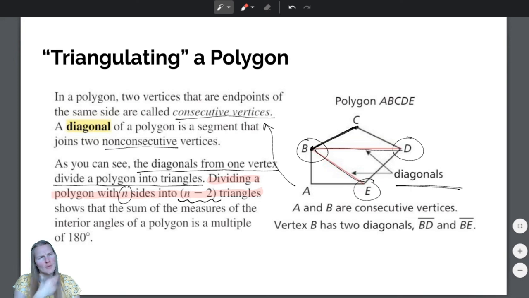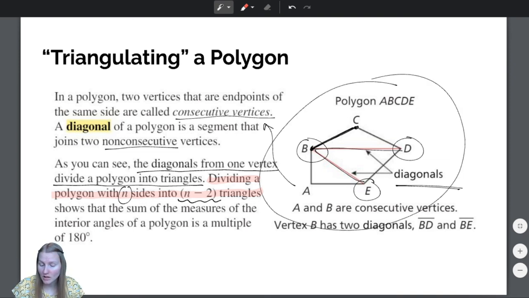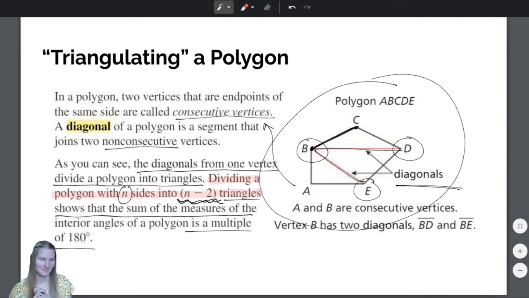But remember our entry task? How many degrees were there inside of a triangle? 180. So if I can split a polygon up into n-2 triangles, that shows that the sum of the measures of the interior angles of a polygon is a multiple of 180.